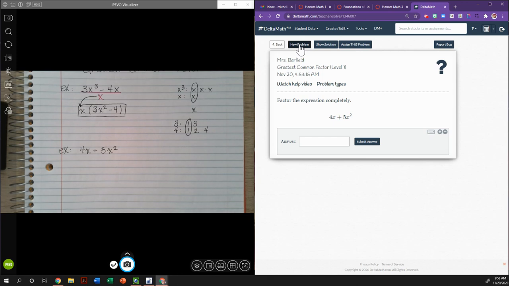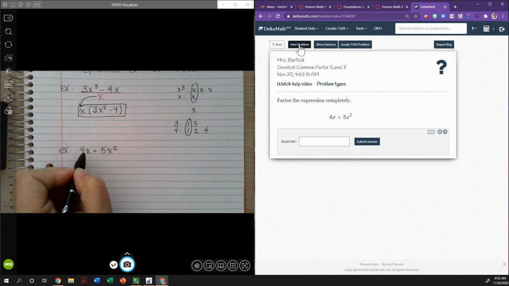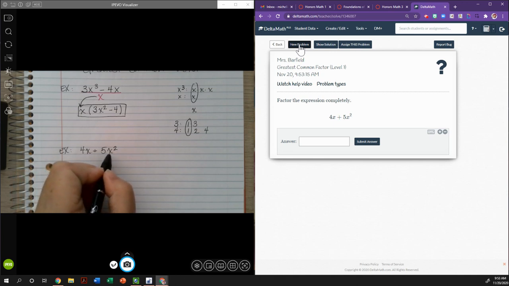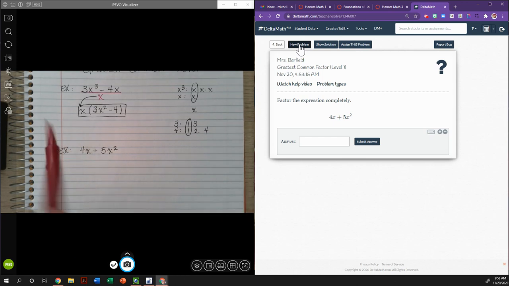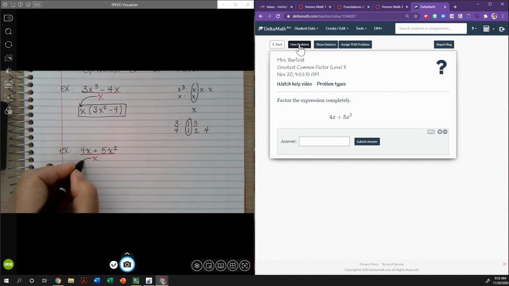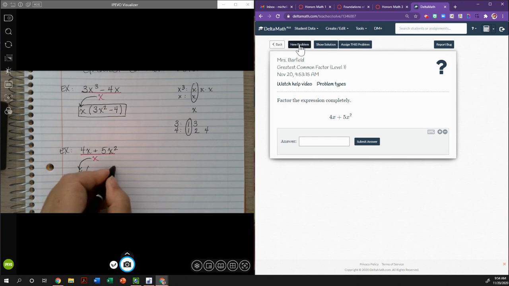So now I'm just going to look to the variables, and in this case, they have x to the 1. So you're always going to take the smallest exponent. So I'm going to divide by x, and when I divide, whatever I'm dividing by goes in front, and whatever is left over goes in parentheses.